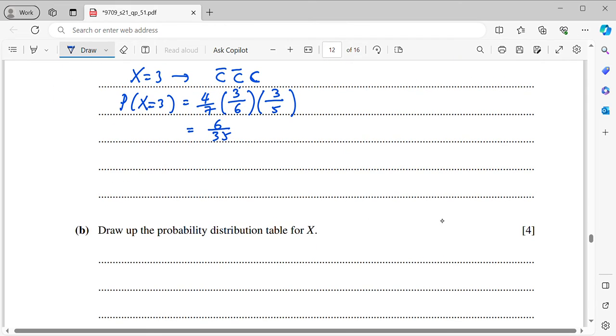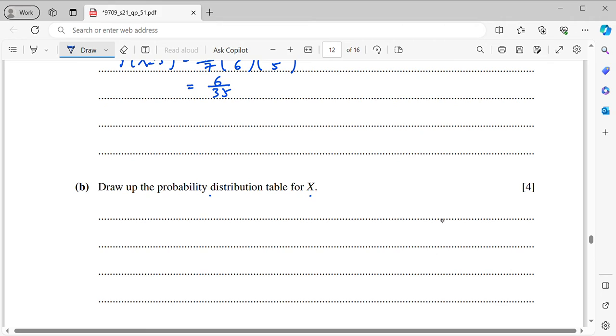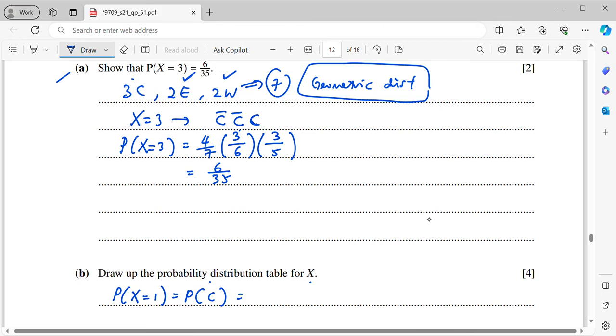Now B, draw up the probability distribution table for X. So now I will say P(X equals 1). When she opens the first can, she gets the tin of carrot. That means initially it will be 3 carrot tins out of 7. So the probability is 3 over 7. Right?